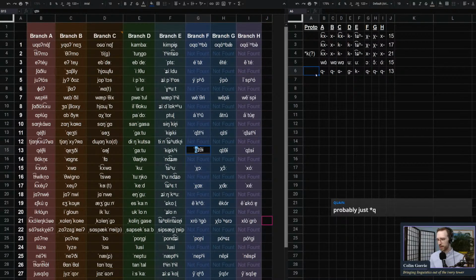This one, I think Quain is right. These are our initial guesses. We might be dealing with just a voiceless uvular stop here.